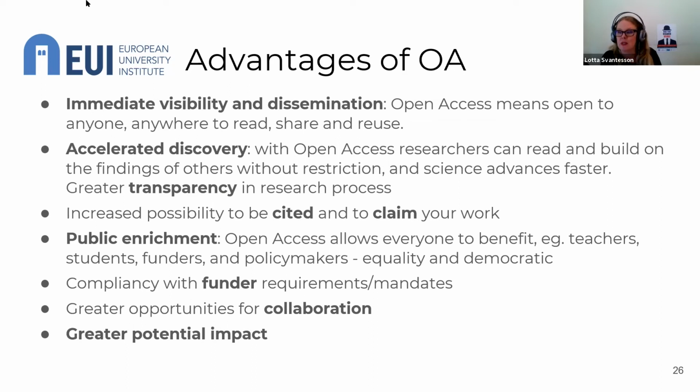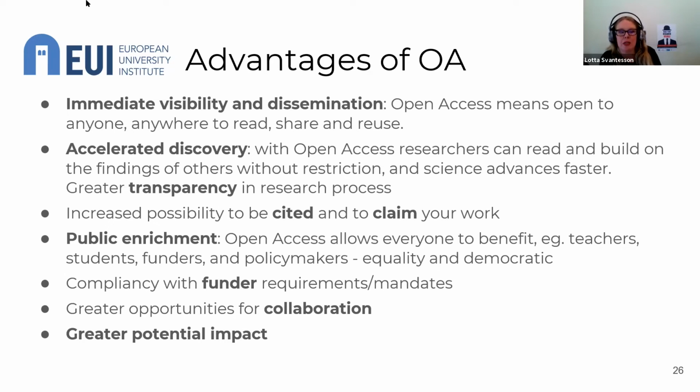It also increases the possibility for you to be cited and to claim your work, because if you make it open out there, it's yours by default. It's visible, and you can actually claim it instead of sitting on it somewhere.